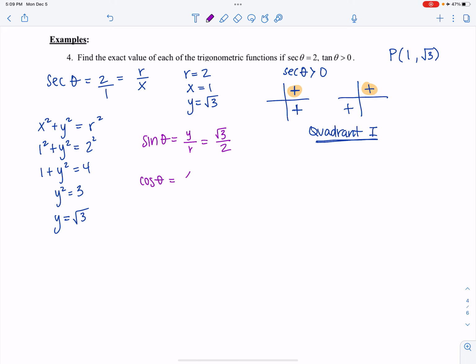Cosine is x over r. And our x is 1 and our r is 2. Not so bad, right? Tangent is y over x, which is our y is root 3 and our x is 1, so tangent's root 3.